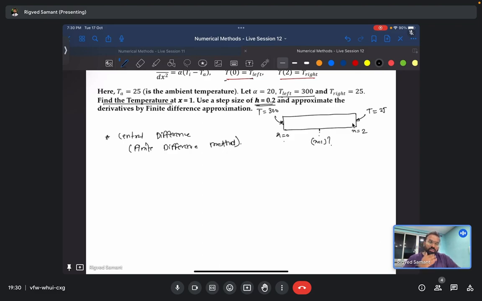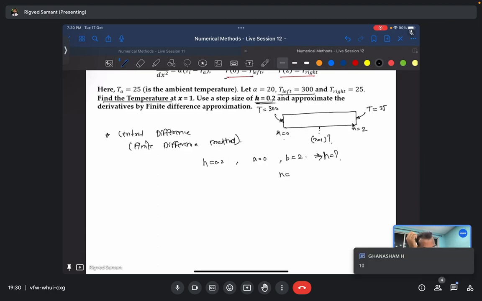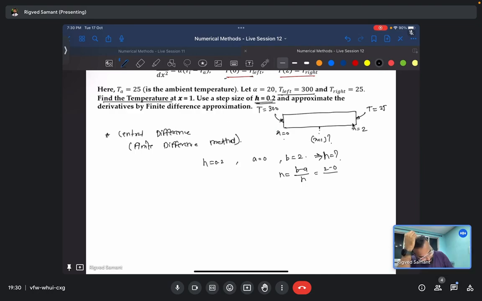How many intervals would there be? Step size h is 0.2 and we are going from a equal to 0 to b equal to 2. What would be n? N is equal to b minus a divided by h, that is 2 minus 0 divided by 0.2, which is equal to 10.